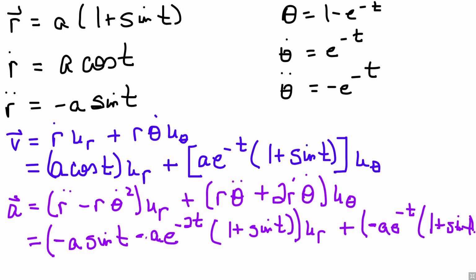Kind of running off the page here. Plus 2 times r dot multiplied by theta dot, so we're going to end up with a e to the negative t times the cosine of t, and this is in the u_theta direction.